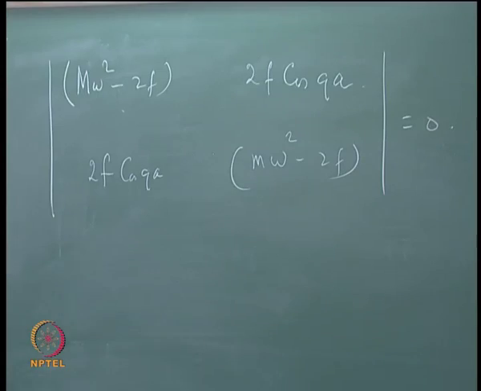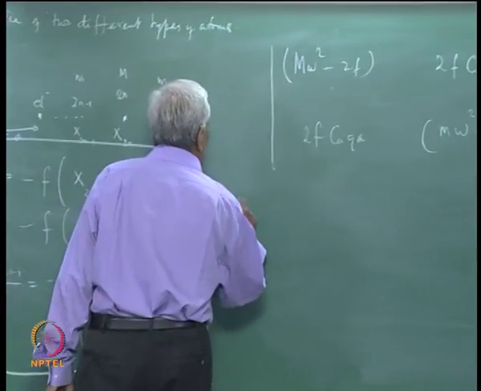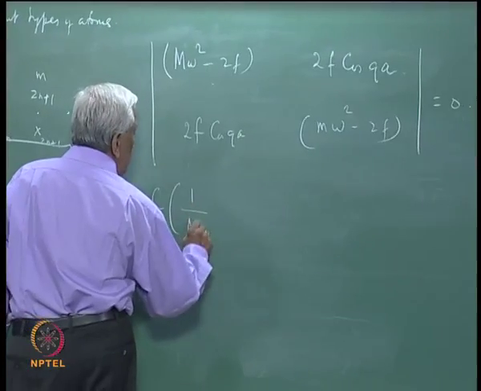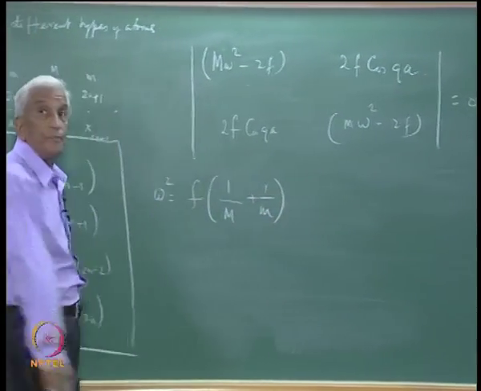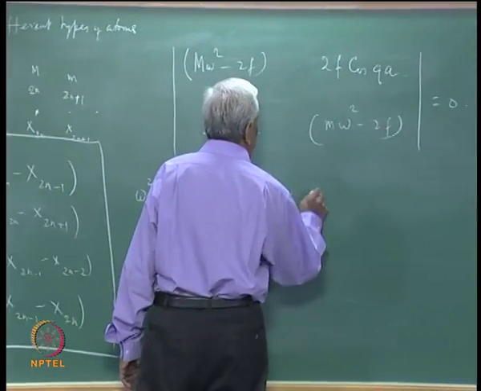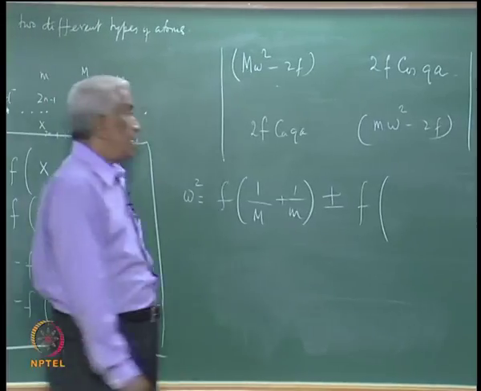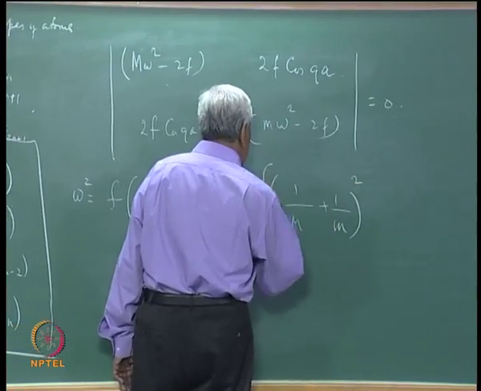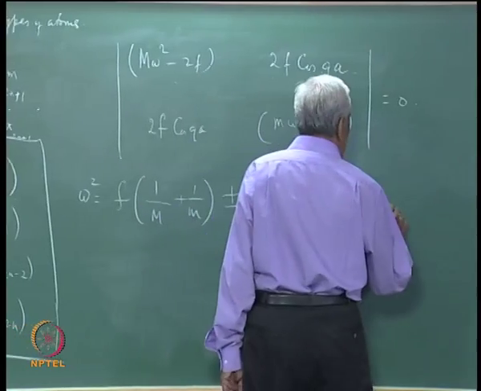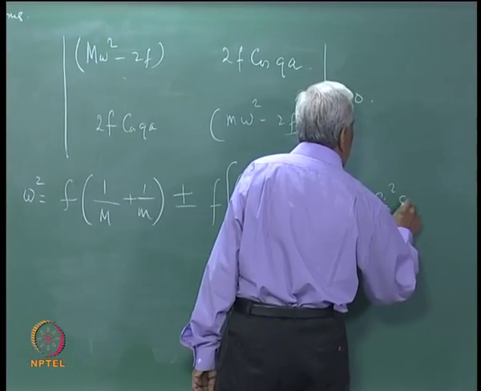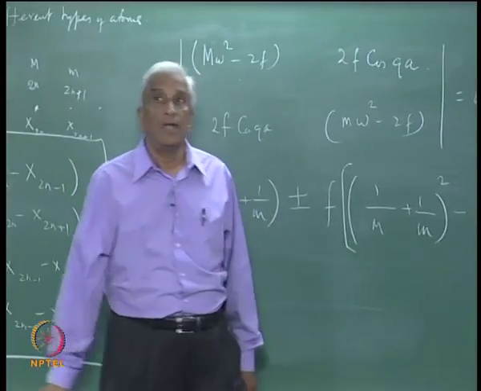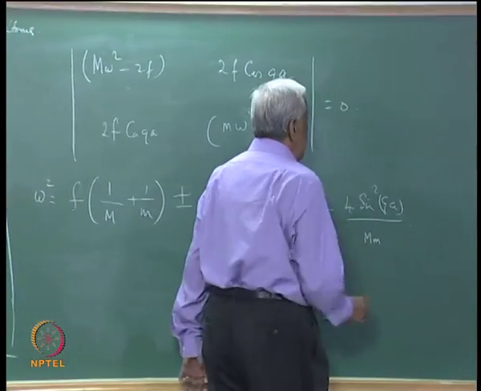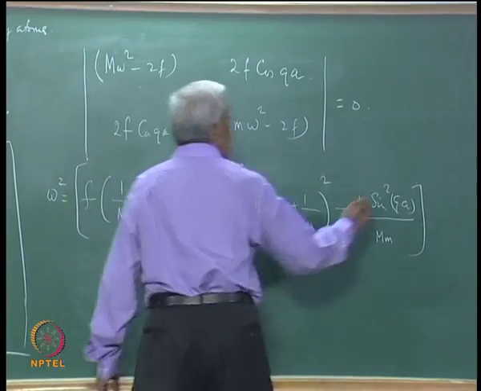So, solving the resulting quadratic equation, we get omega squared equals f times (1 by m plus 1 by M) plus or minus f times [(1 by m plus 1 by M) squared minus 4 sin squared q a by m times M] to the power half.